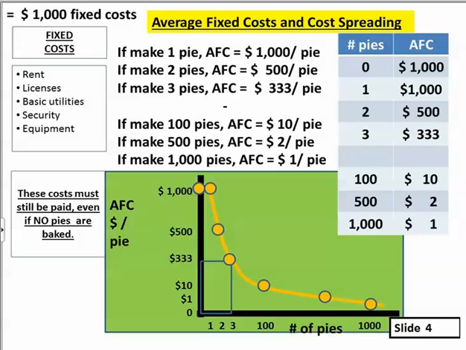Just like the $1,000 in the example, if we only made one pie, we'd have to have $1,000 on that pie in order to cover the fixed cost. If we make 1,000 pies, now each pie only needs to contribute $1 toward that fixed cost.